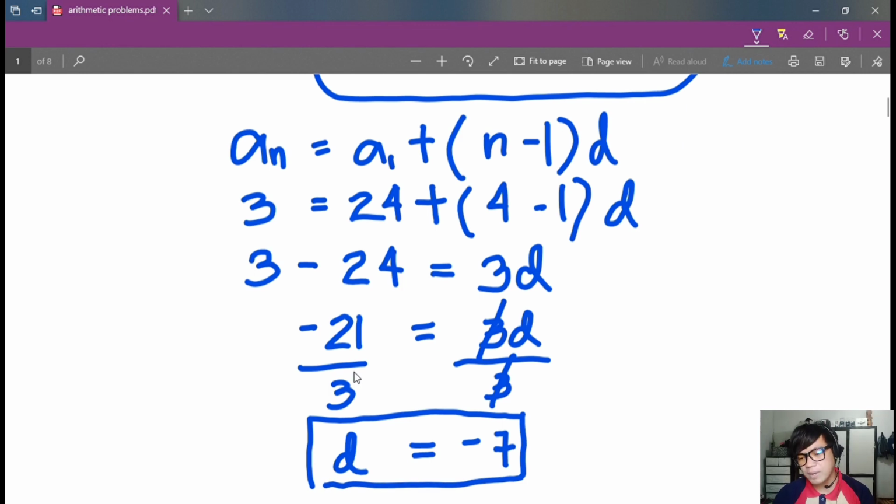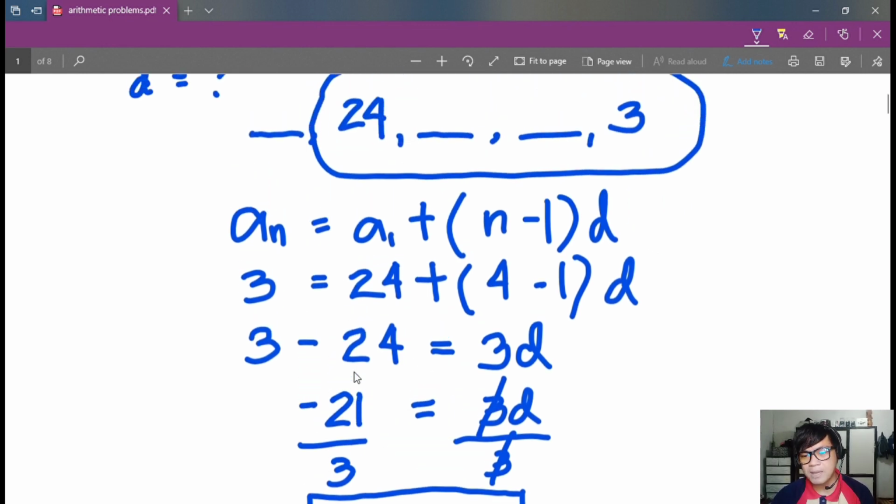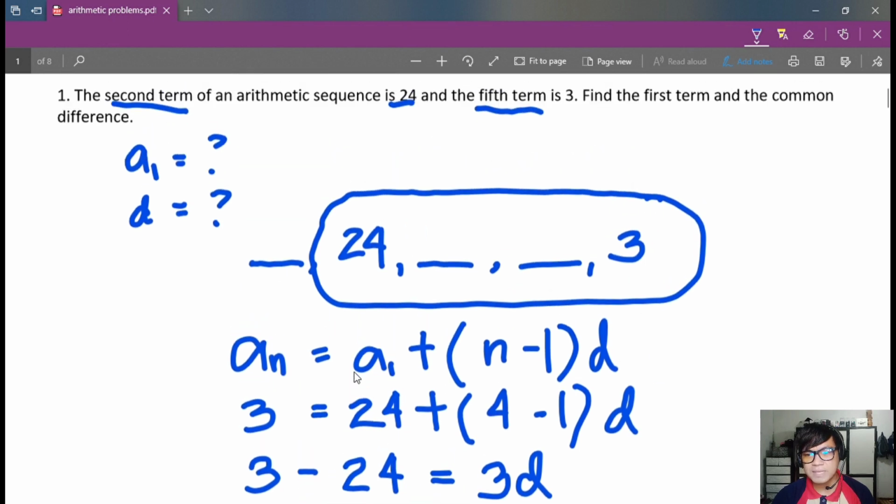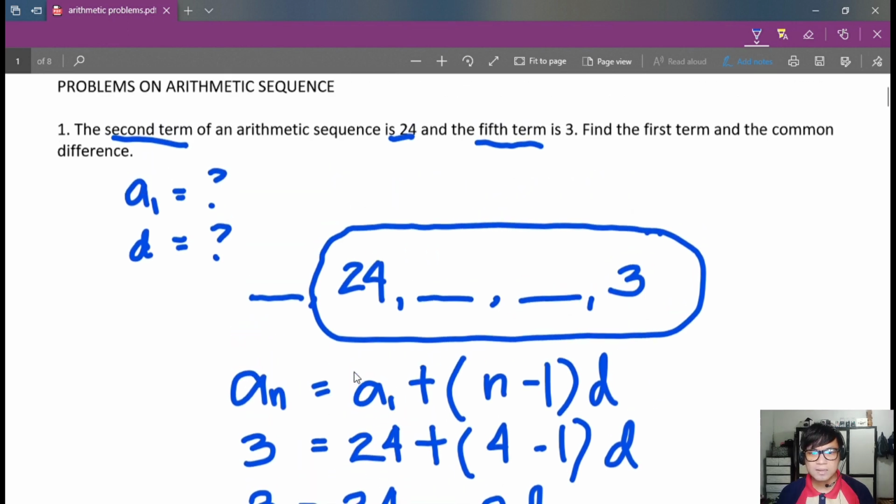So, we have now the idea that the common difference is negative 7. Anong gagawin natin para malaman yung first term? Isa-subtract na lang natin yung negative 7. Our d, the common difference, is negative 7.